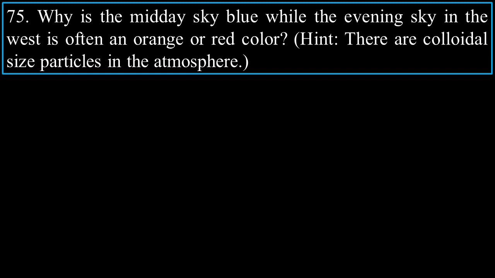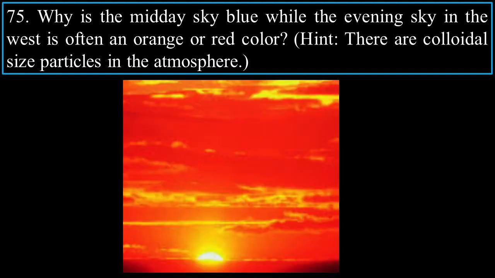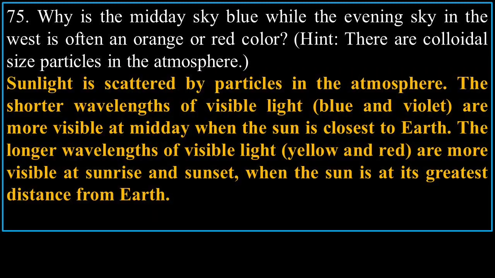Why is the midday sky blue while the evening sky in the west is often an orange or red color? Well, this is specific to the East Coast, but that's because the sun is setting through a larger collection of molecules.